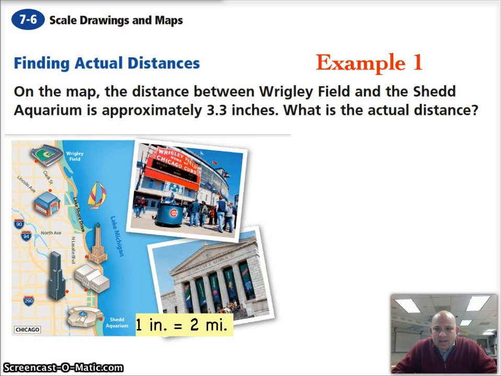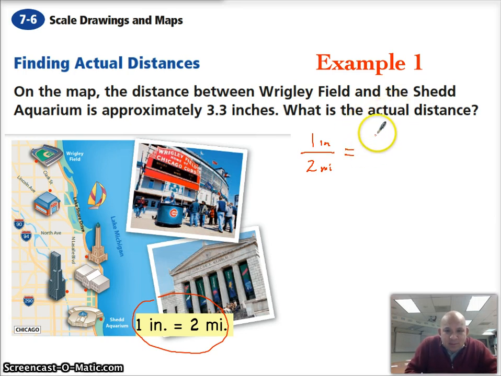Well, what does that mean in terms of our scale? Well, here's our scale. It says 1 inch equals 2 miles. So we're going to set up a proportion. 1 inch equals 2 miles. Now we're going to set up another ratio on the other side, and we're going to say, well, that's 3.3 inches. It goes on top because we see that inches go on top. And then we'll have the actual distance, d, be a variable.